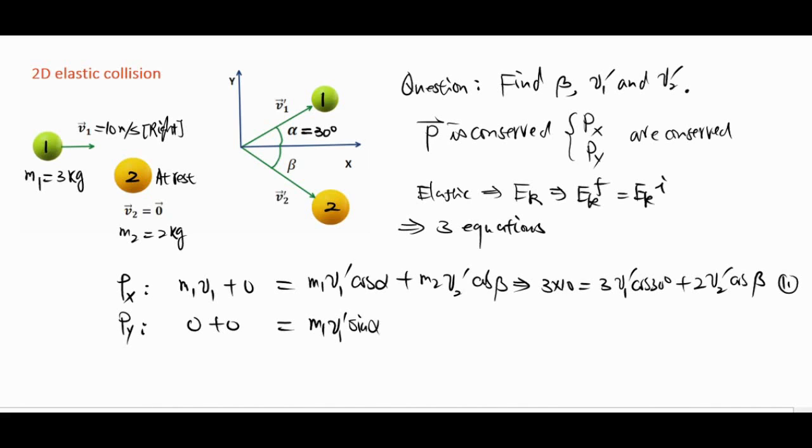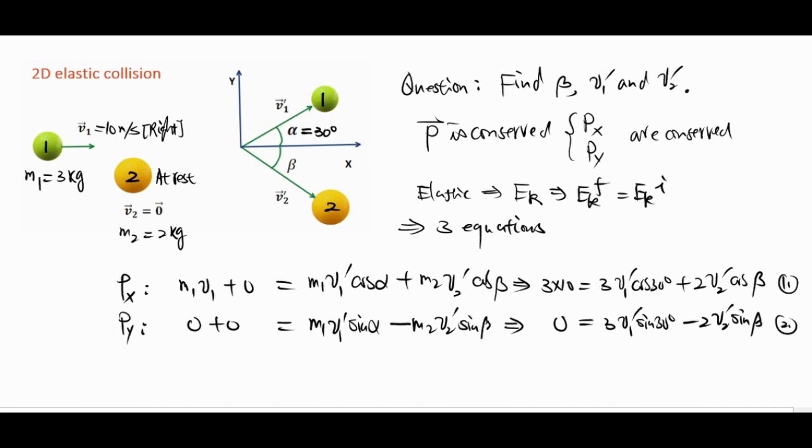Ball 2 has a negative component, which is M2 V2 prime, the magnitude of momentum, then times sine beta, but it is negative, so here we should change to a negative sign. This is the second equation. So we plug in numbers: 0 equals 3 V1 prime sine 30 degrees, minus 2 V2 prime sine beta. This is our second equation.